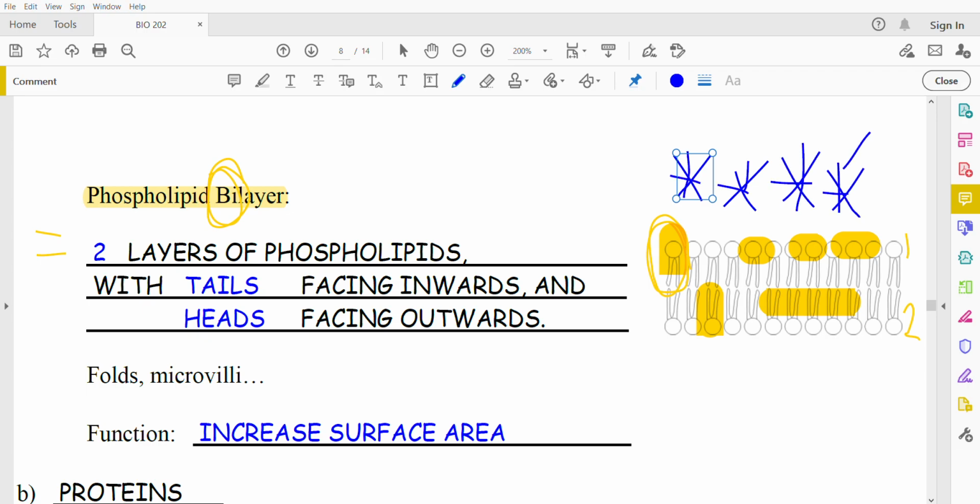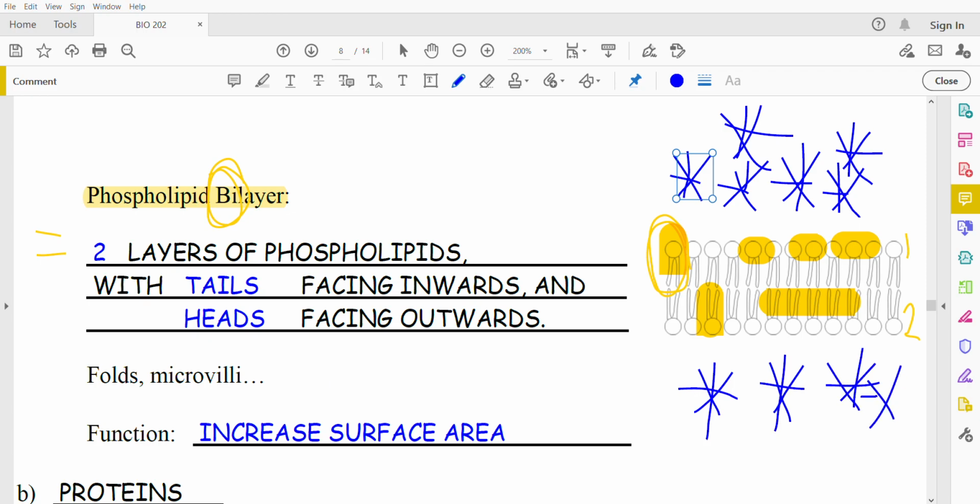The heads get to face towards the water, which is both outside and inside the cell, and the tails get to stay away from it to the best of their ability. So everyone wins, everyone's happy. That's what we want in life, right?